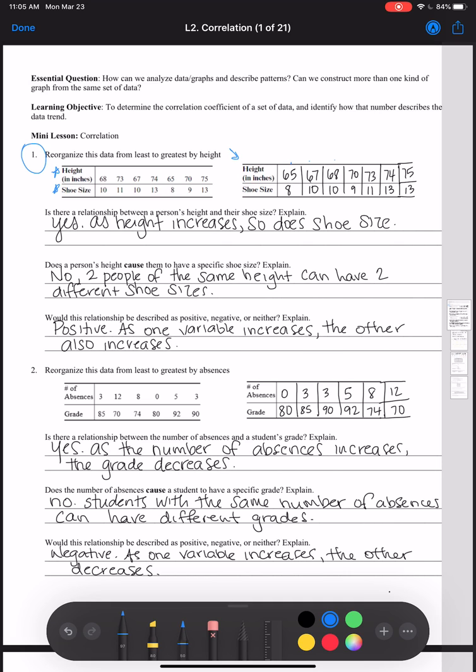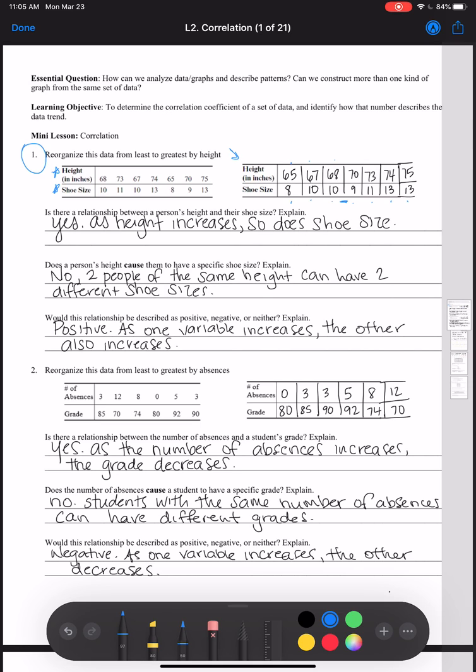And the shoe sizes are 8, 10, 10, 9, 11, 13, 13. So even though it does go down here, for the most part, the size of the shoe is increasing. So is there a relationship between a person's height and their shoe size? Well, the answer is yes. As height increases, so does shoe size.